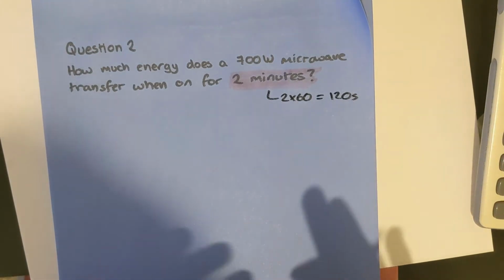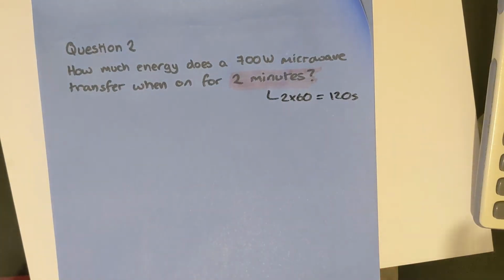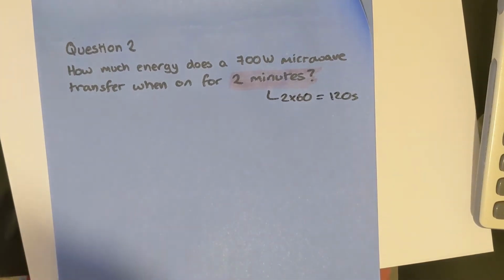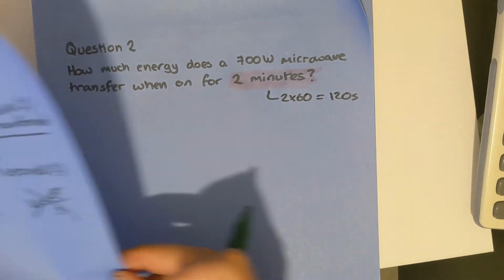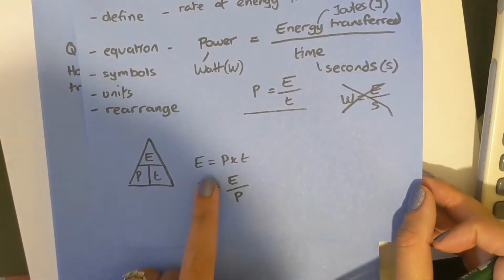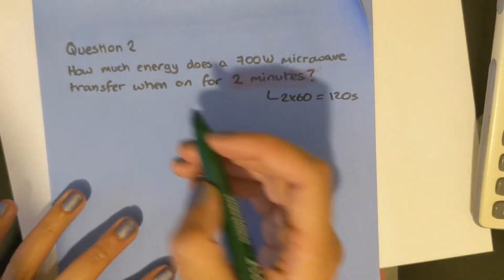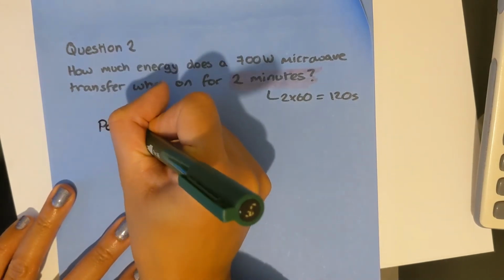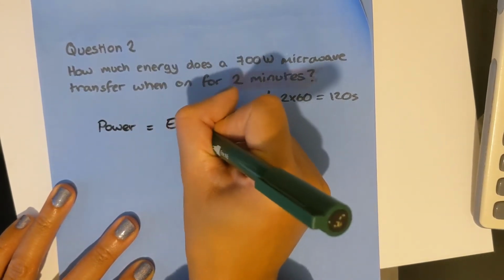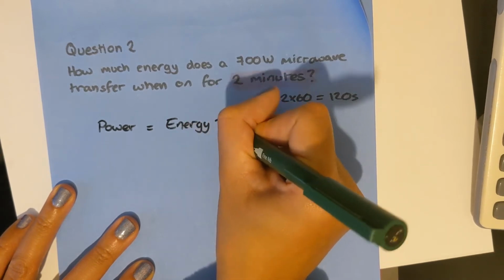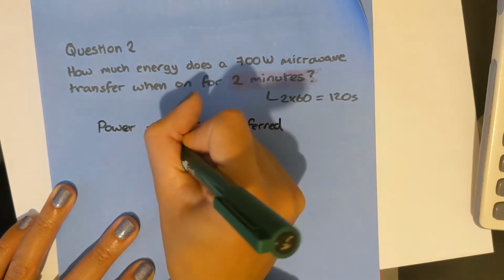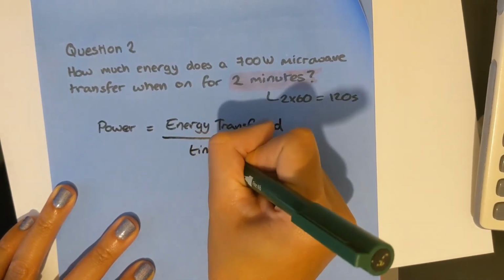Before I try the difficult task of rearranging the equation, I've got my formula triangle here just to confirm energy equals power times time. But let me show you how you would rearrange it mathematically. We start with the equation we know, which is power equals energy transferred divided by time.